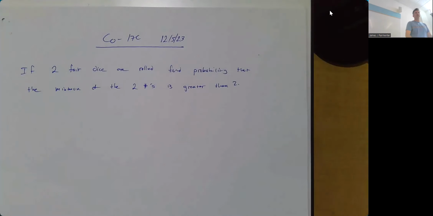And again, whenever I'm trying to list out the things in my sample space, you want to be systematic, like when we were doing heads and tails last time.